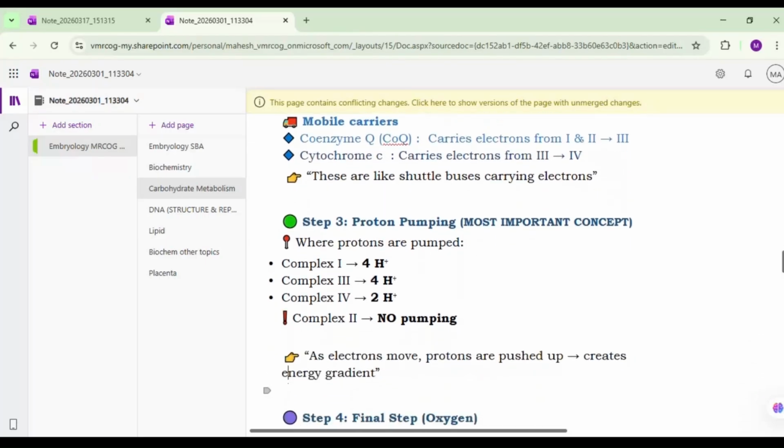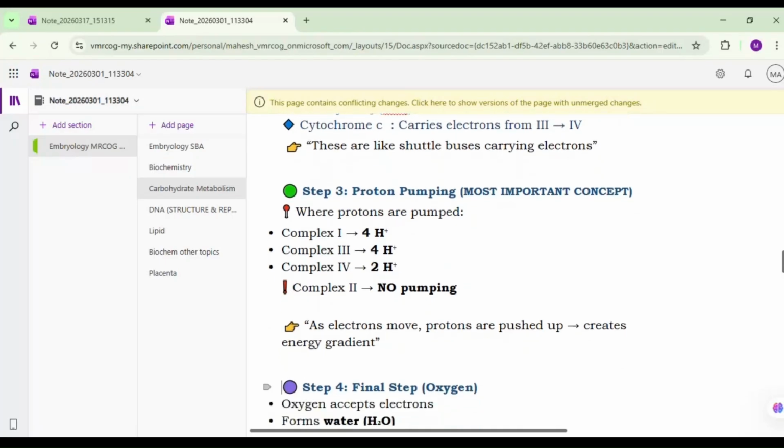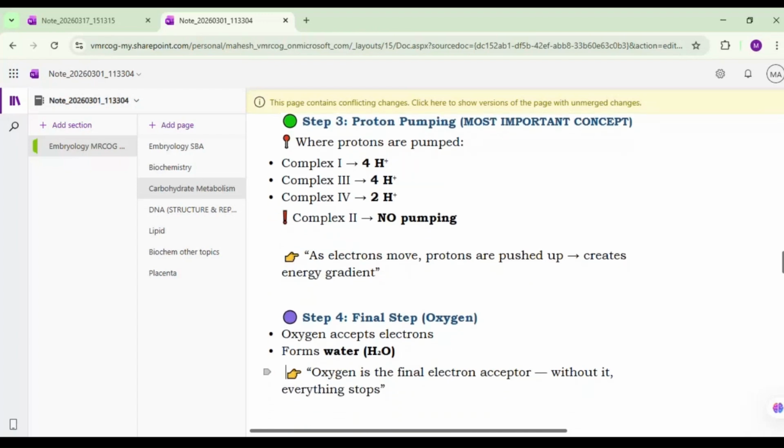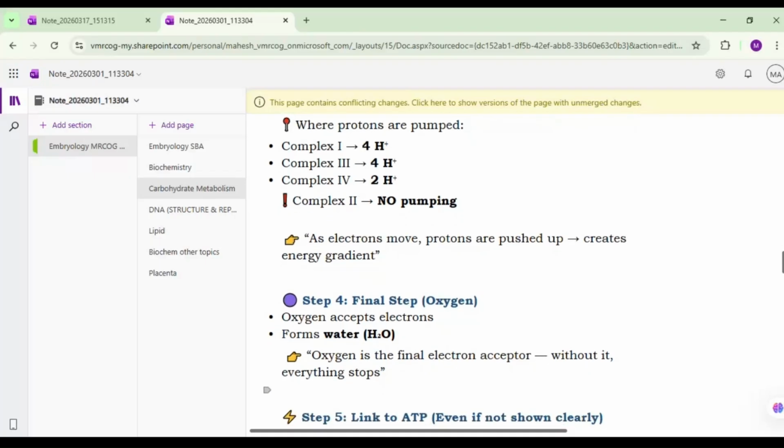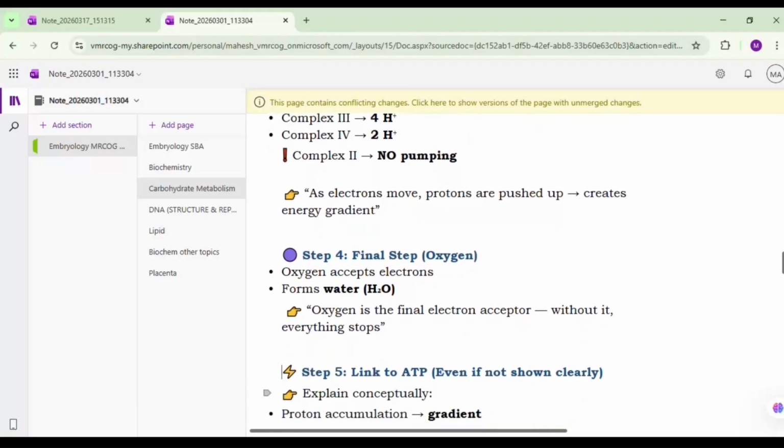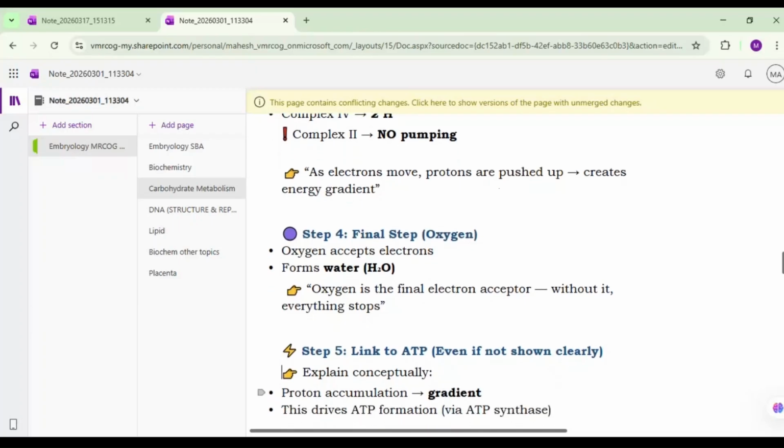As the electrons move, the protons are pushed up, so it creates an energy gradient. The final step is that oxygen accepts the electrons and forms water. Oxygen is the final electron acceptor. Without it, everything will stop. So oxygen is a must, and this will happen in aerobic conditions only.